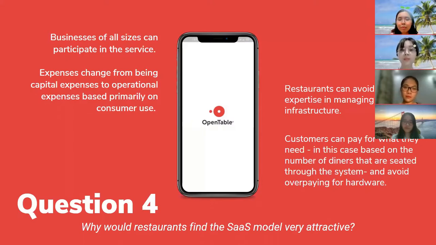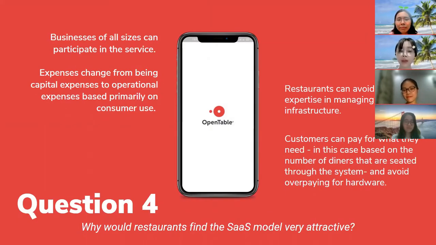Expenses change from being capital expenses to operational expenses based primarily on consumer use. Thanks to the model, restaurants can avoid a huge amount of fixed costs to develop their own hardware. Instead, all they need is to connect their current system to that of the provider and go online as part of the software.